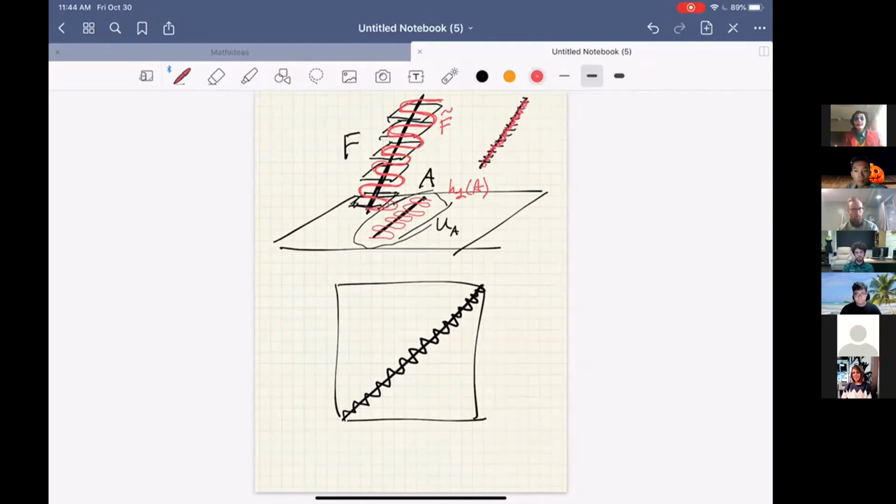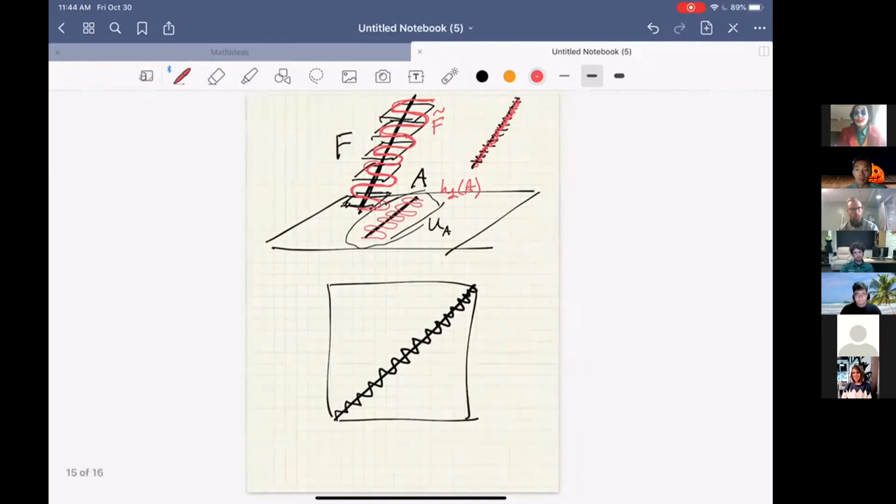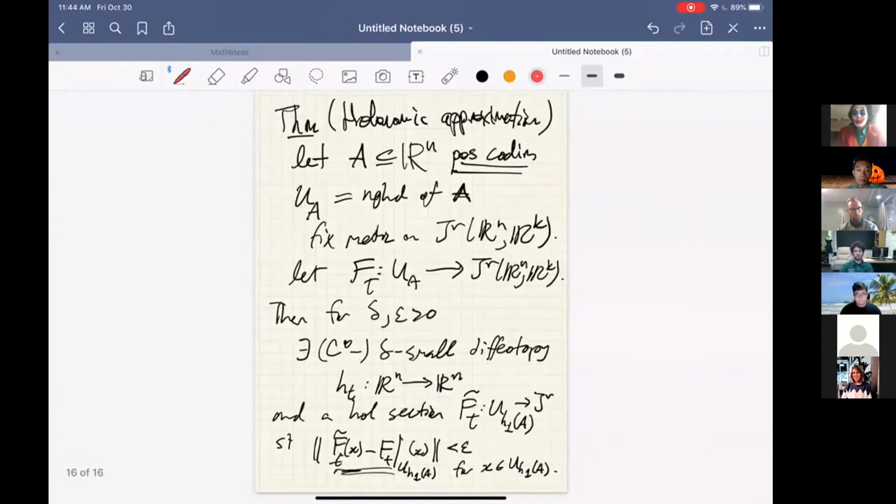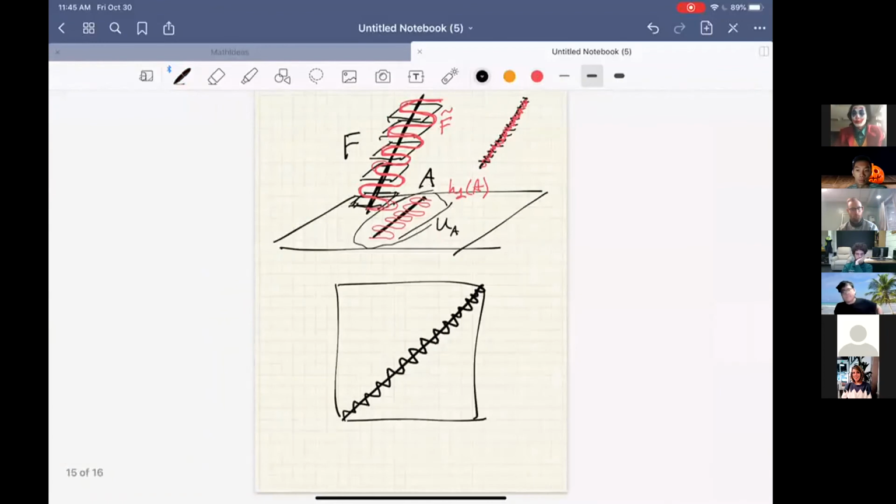You said that the derivatives become very large, but in the statement of this lemma, haven't you said that the values of f and f tilde are still very close to each other? Right. So they are still close in the jet space, but once you pull everything back to a common domain, then you lose derivatives.